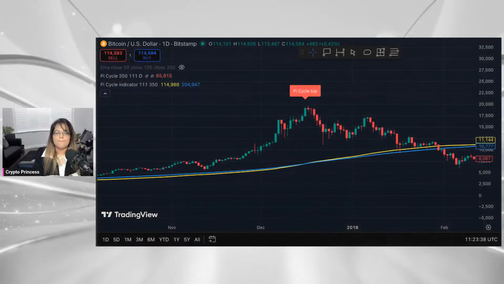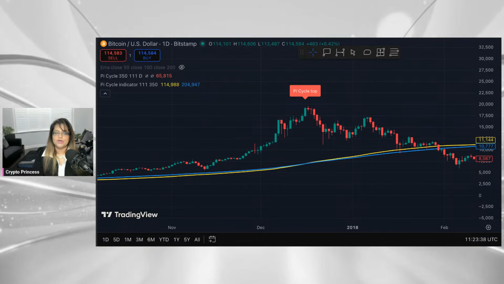So yeah, we had all of that narrative. It was all mainstream media and all the rest of it coming in. The institutions were coming in, the ICOs were taking off. Let me just quickly show you where the Pi cycle top hit. Here. So you see the yellow line, which is the 111 simple moving average.